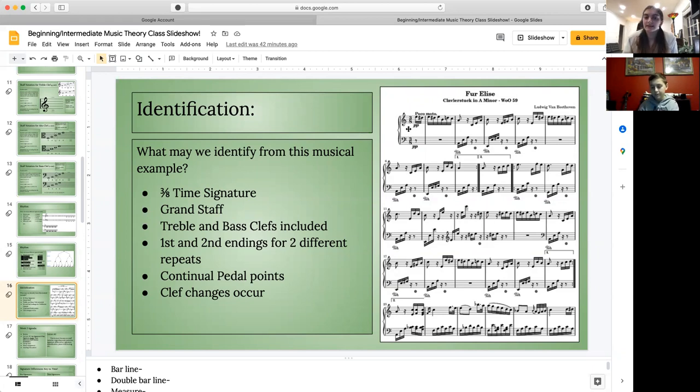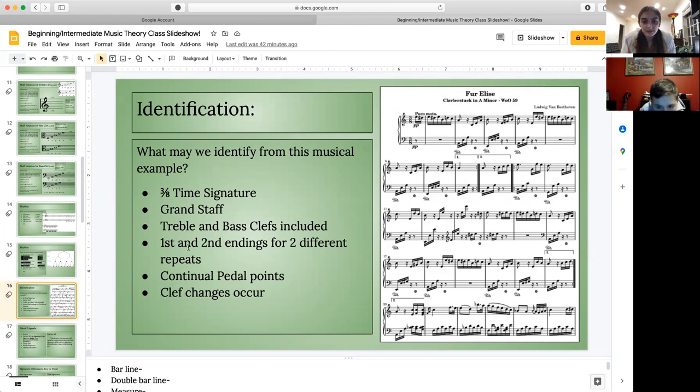We have the grand staff, with treble and bass clefs included, and you noticed the clef change. Measure 12 is the clef change in the left hand, the pianist performing, and then measure 15 moves back.